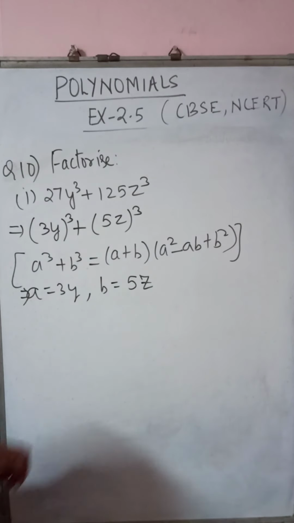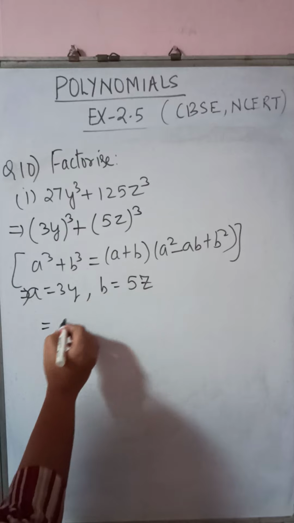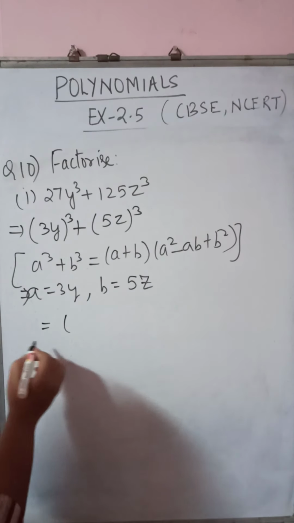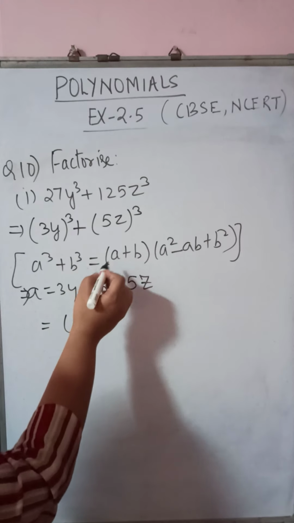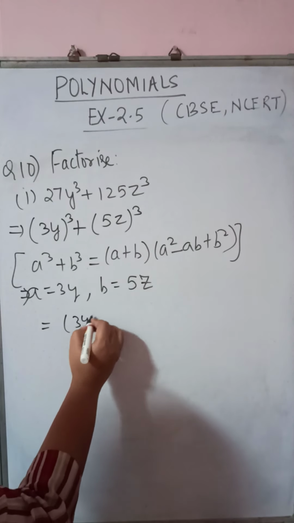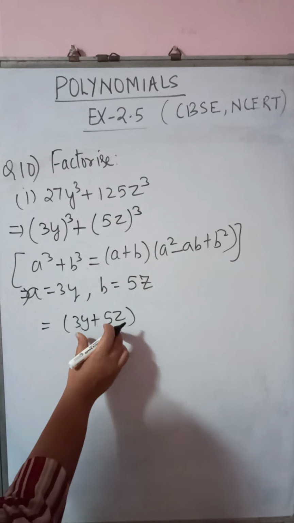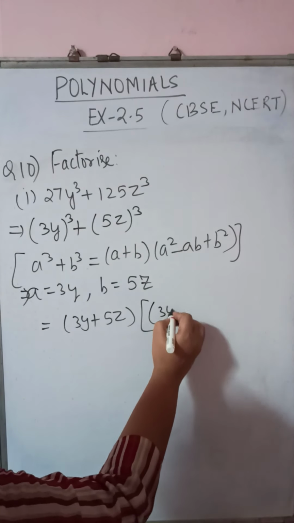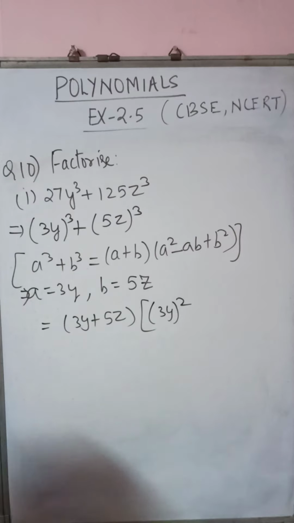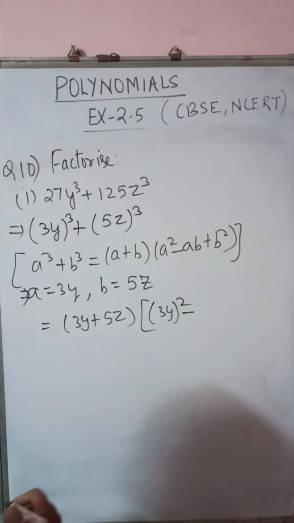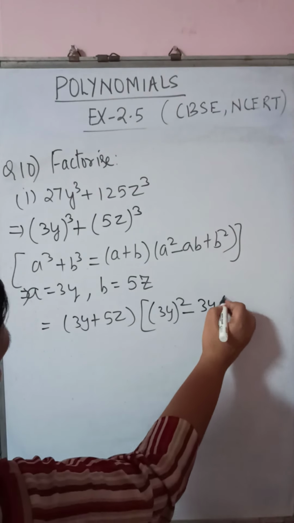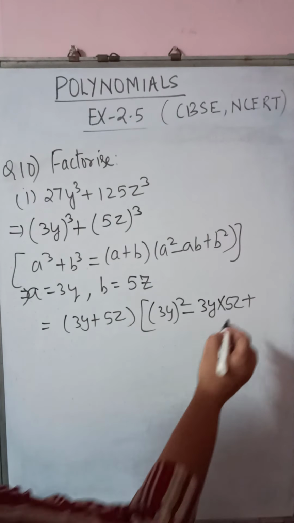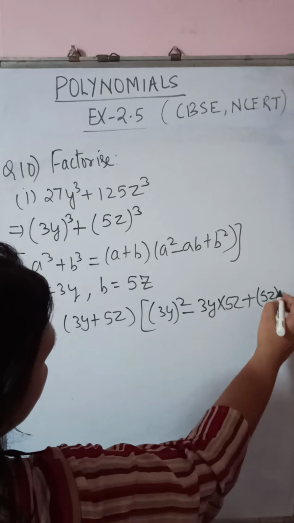Now simply substitute in the identity. a cube plus b cube is equal to a plus b, so 3y plus 5z, into a square, what is a? 3y. So a square minus a into b, a is 3y, b is 5z, plus b square, b square means (5z) square.